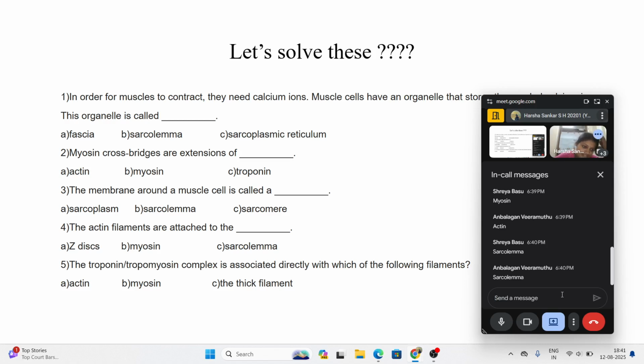No answer? Any answer is fine. Where are actin filaments attached? Remember the sarcomere figure that we just now saw?